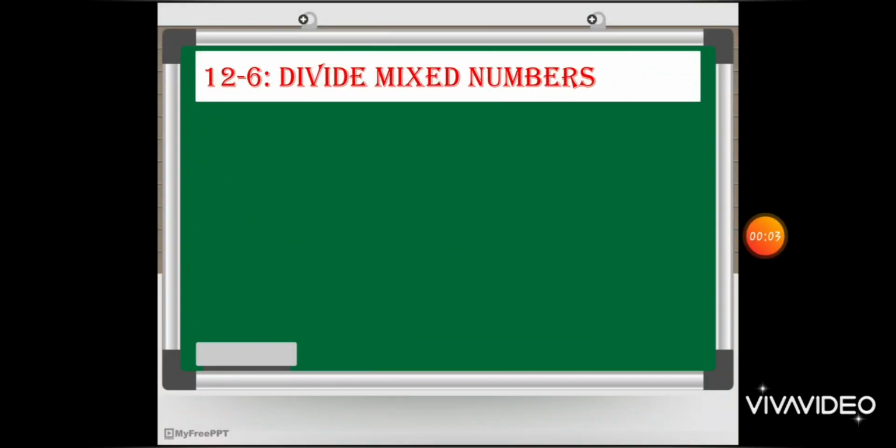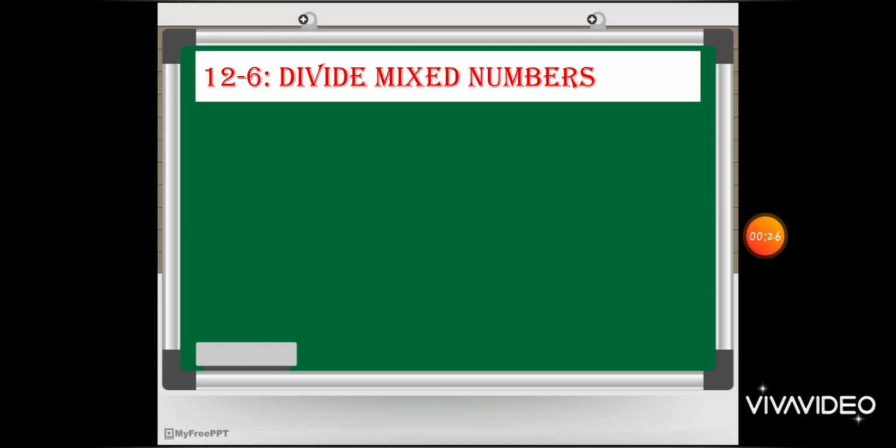We are now done with our lesson, and hopefully, we are able to meet our targets. What are those again? First, we have to change mixed numbers into improper fractions. Do you remember how to do it? Very good. How about if I have 2 and 1/2? What will be the improper fraction for it?